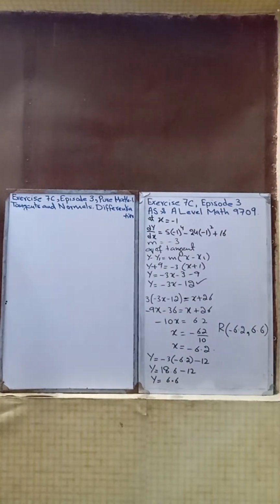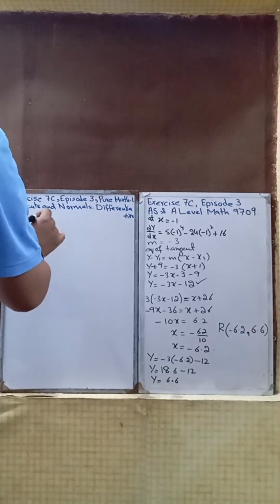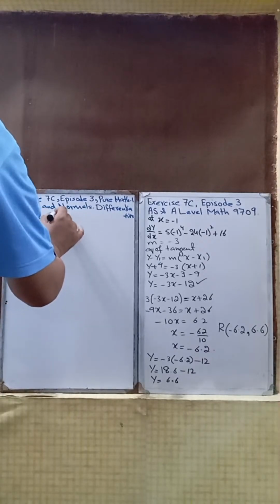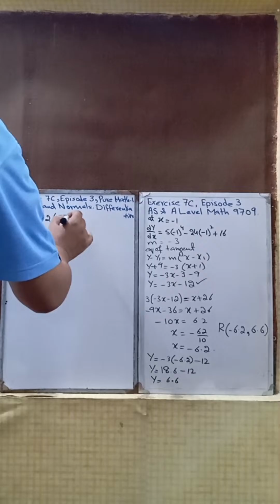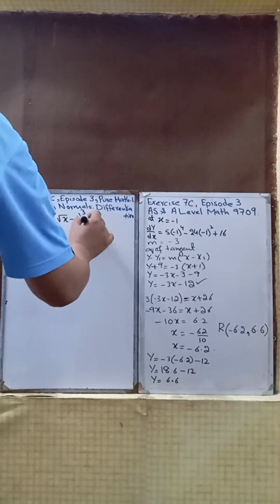It says that a curve is given to us. Question number 11: a curve is given, y equals 2 bracket under root x minus 1 whole cube, plus 2.